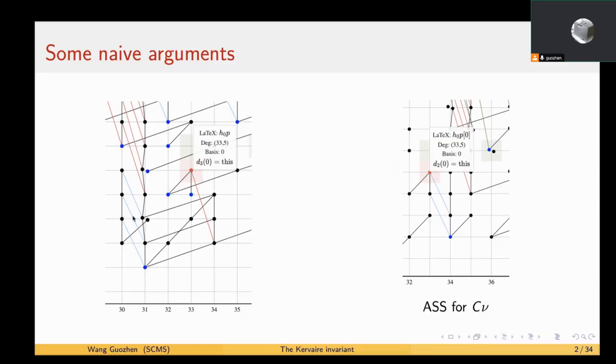Then we can apply the Leibniz rule, because we have a d2 differential here, a nu extension from this dot to this dot, and another hidden nu extension from this dot to this dot. Using the Leibniz rule, we will argue that we have a d3 differential. This is some kind of naive argument using hidden nu extensions.